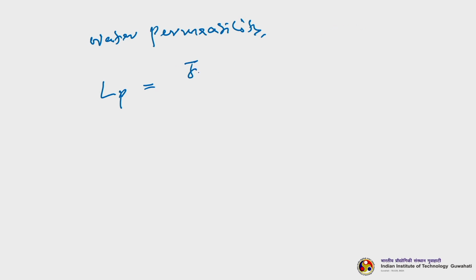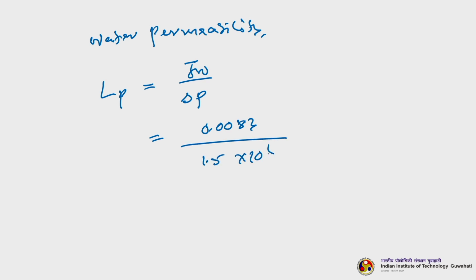So, now you have to calculate the water permeability, which is known as LP. That is calculated as Jw by delta P. Here Jw equals LP into delta P. So, 0.0083 divided by 1.5 into 10 power of 5.